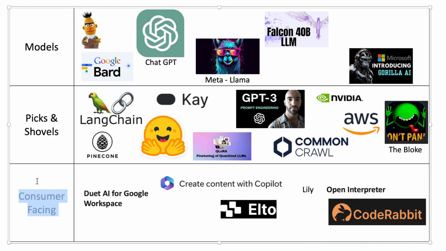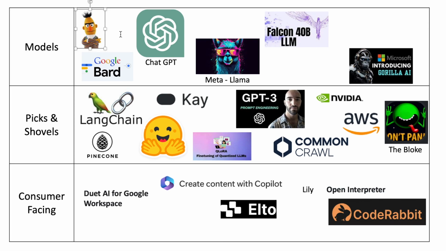So without further ado, let's just quickly go over the model makers. And we've already talked about BERT. BERT comes from Google. Bard is the consumer-facing website you can use for free. That's a generative model. Now, ChatGPT is out there.